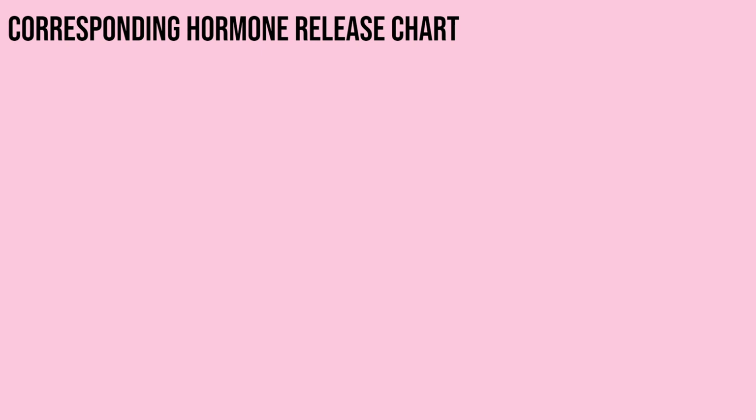Just to help you remember, we talked about that the anterior pituitary is stimulated by GnRH, and then it releases FSH, and it eventually releases LH. So we're going to draw like that.